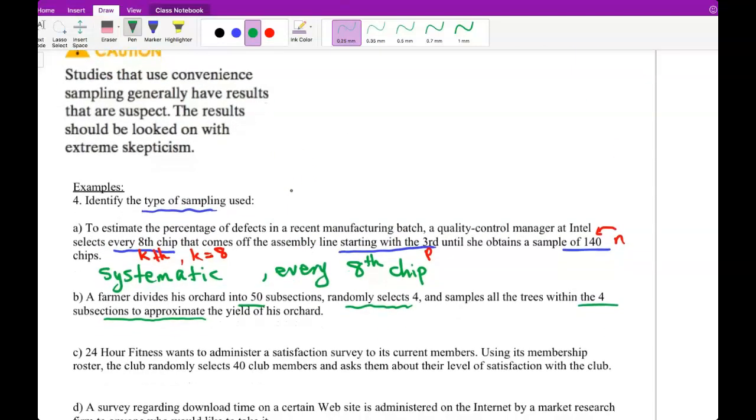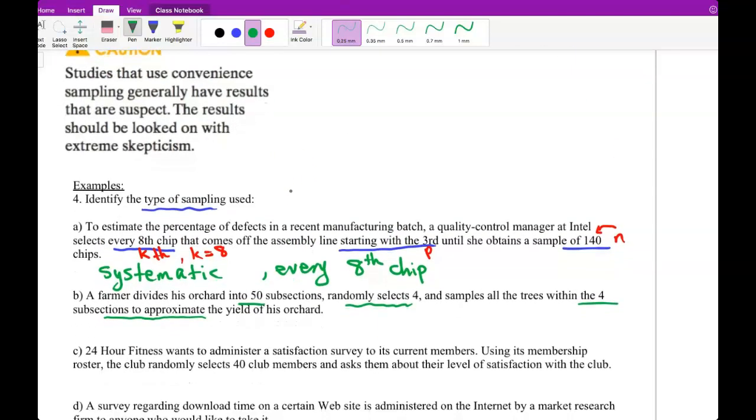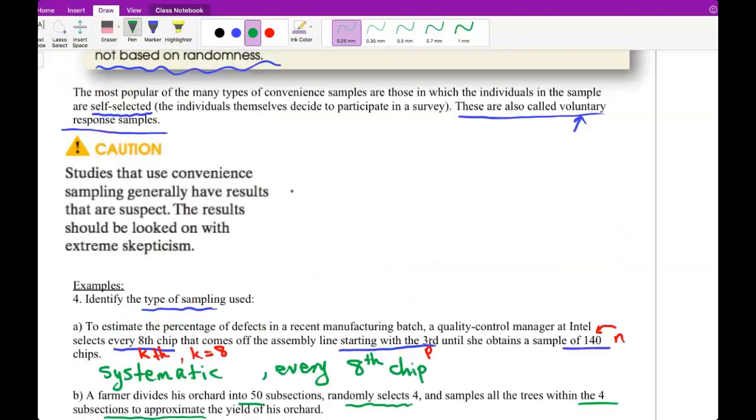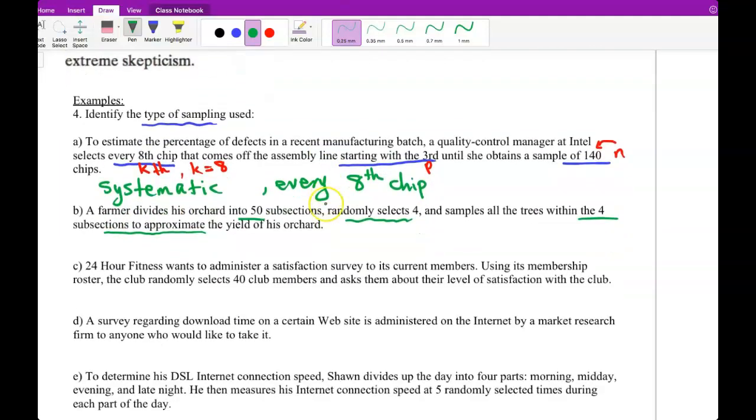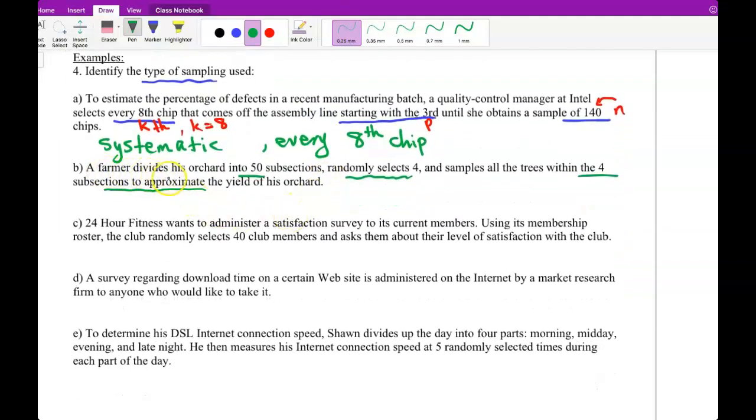This is cluster. Guys, the farmer divides his orchard into 50 subsections. He's not choosing them, just dividing into 50. And then randomly selects 4 from these and samples all trees within the 4 subsections.